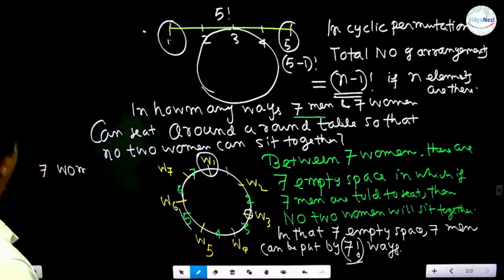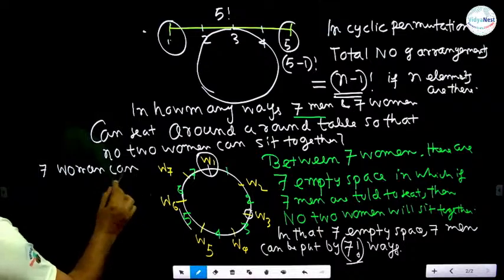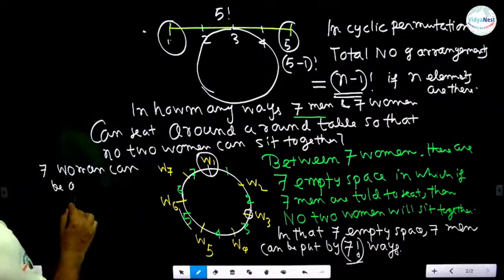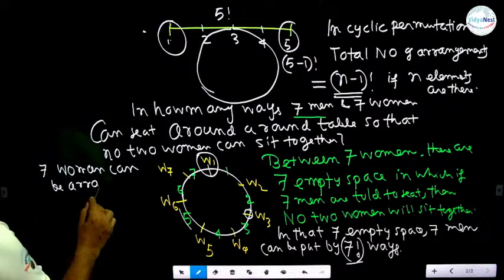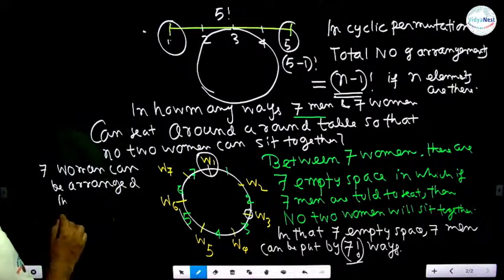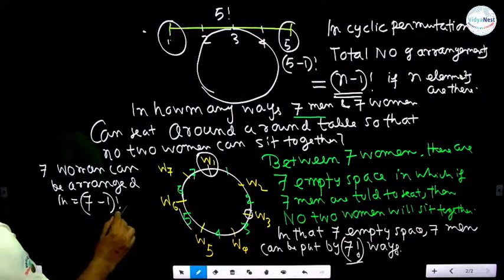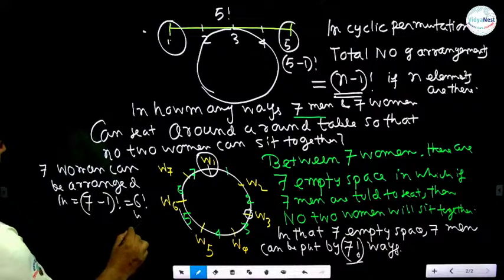Understand? So 7 women can be arranged in 7 minus 1 factorial, that is factorial 6 ways.